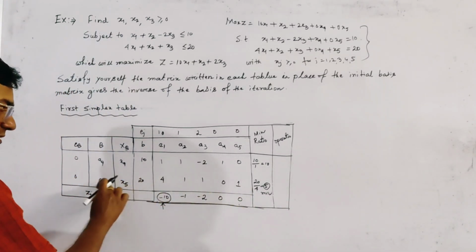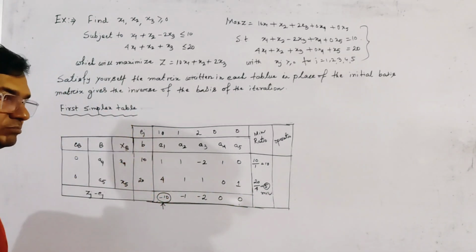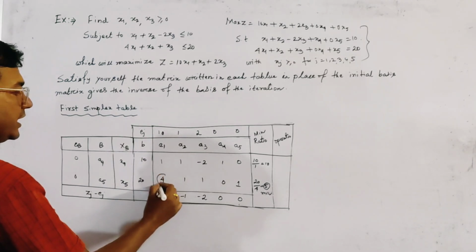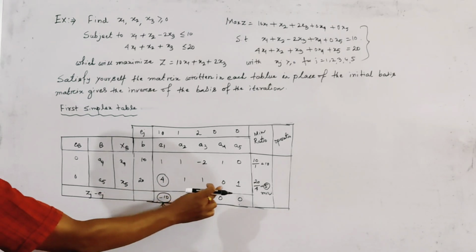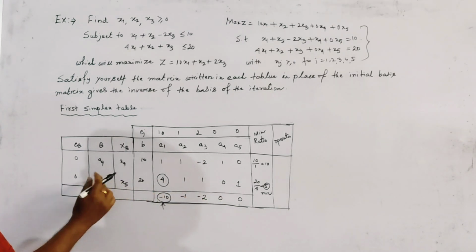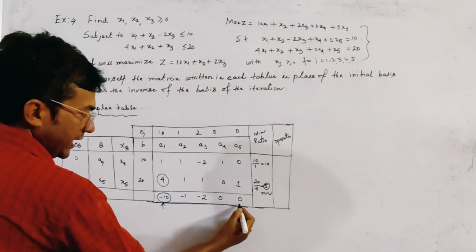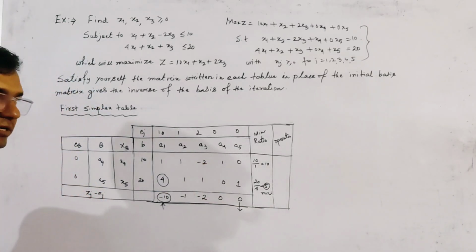So this row is the key row and this is the key column, and the intersecting element of the key row and key column is the key element. Since in the key row there is the vector a5, a5 must be the outgoing vector.